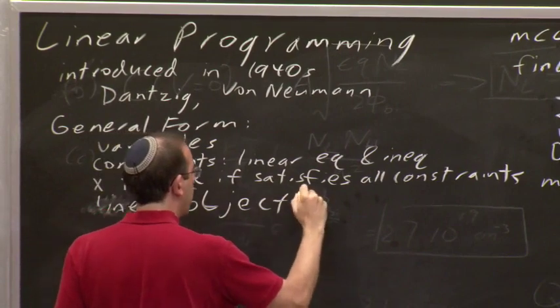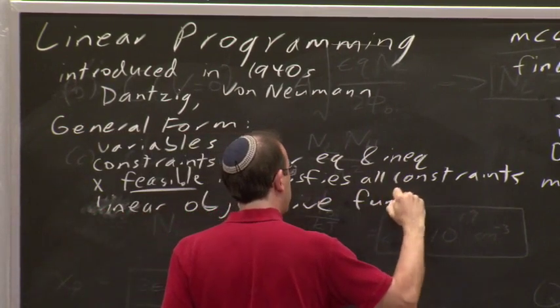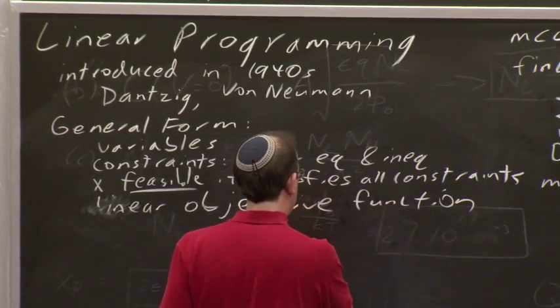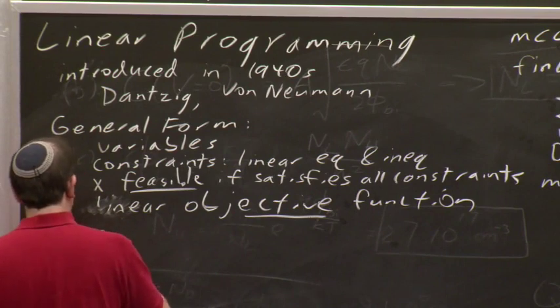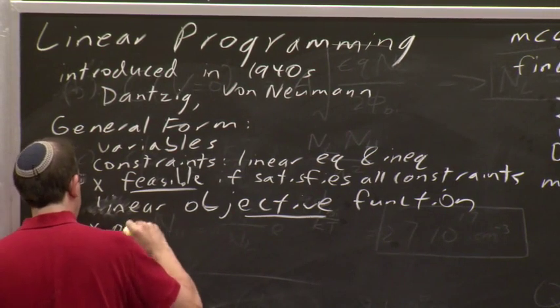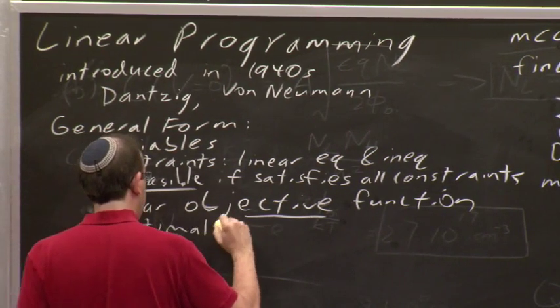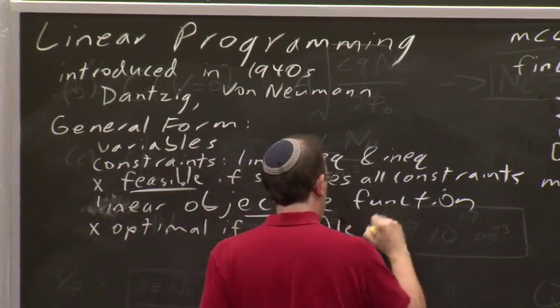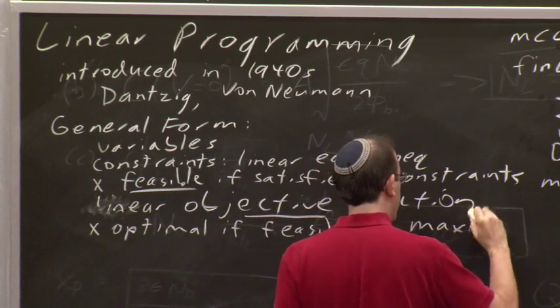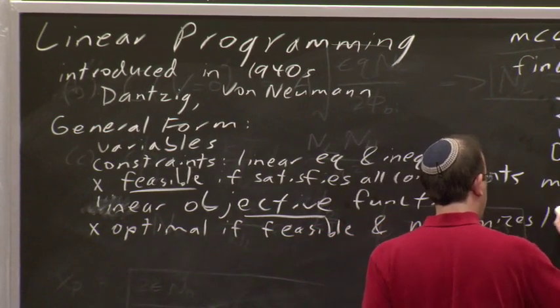So I'm just introducing terminology now. Okay. And we are going to look for an optimal x, right? So we're going to say that x is optimal if it is feasible and either maximizes or minimizes the objective function.